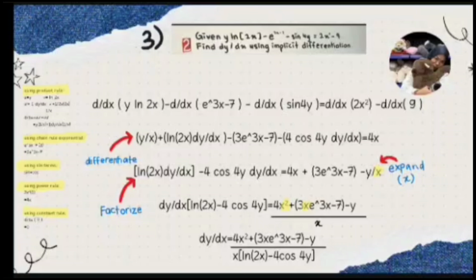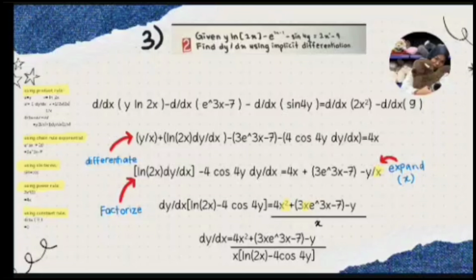If we want to differentiate y, we need to put dy over dx. For v prime, it will become 1 over 2x. So using the product rule, uv prime plus vu prime, it will become y over x plus ln 2x dy over dx. Next, e power of 3x minus 7: to differentiate it, we need to use the chain rule for the exponential, so it will become 3e power of 3x minus 7.